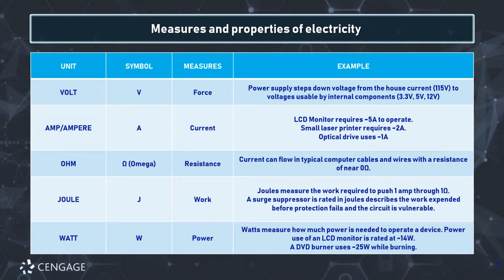A DVD burner, an example of something that uses a bit more power, would be using around 25 watts while it is burning a disc. If we're talking about a Blu-ray player, that's probably going to be a little bit more power because, again, that has to control slightly more sophisticated machinery. A CD player would probably be a lot less because it's not using a burning laser, it's using a reading laser. So the CD player, just being a reader, is able to use a lot less.